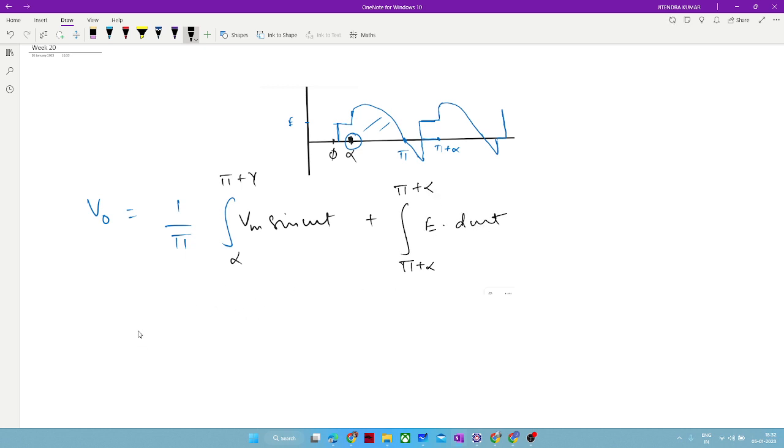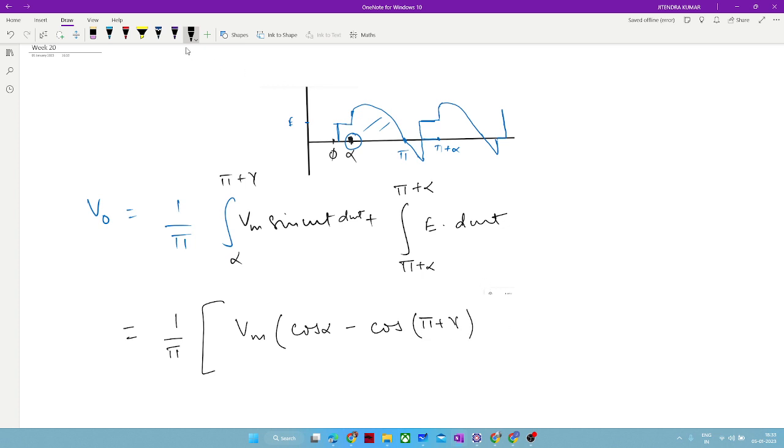Now we can easily integrate it: 1 by pi, Vm cos alpha minus cos pi plus gamma.